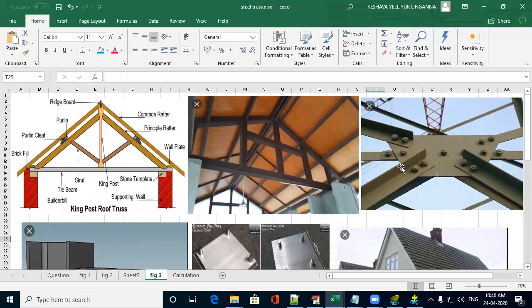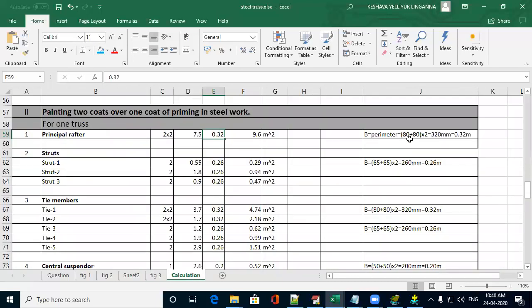For one angle, you have to take 2 sides. So the total perimeter is, if this is of length 80 by 80, then the length of the perimeter of painting will be 80 plus 80 two times, because we have to do the painting on both the sides. So it comes to 320 mm.